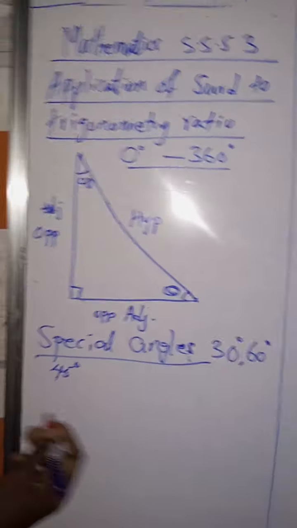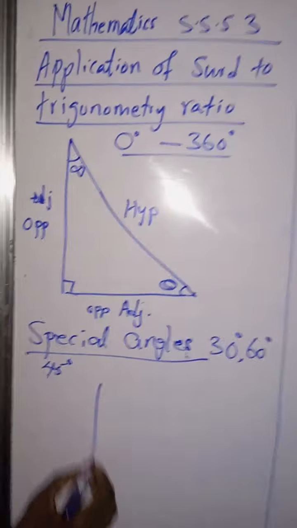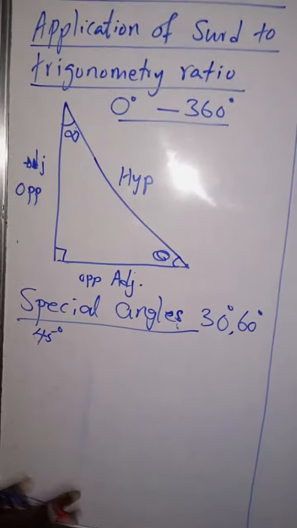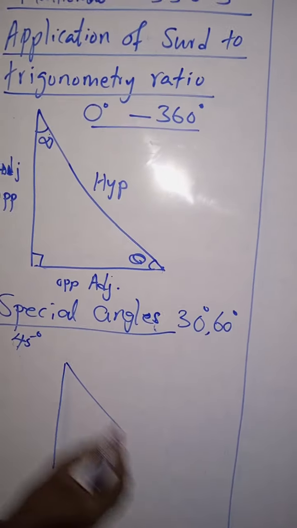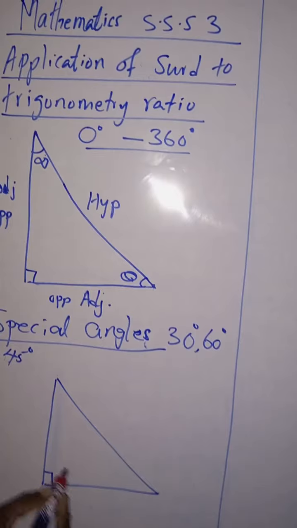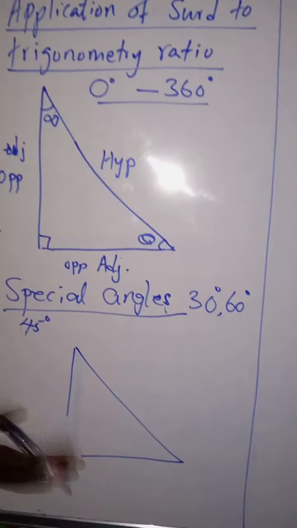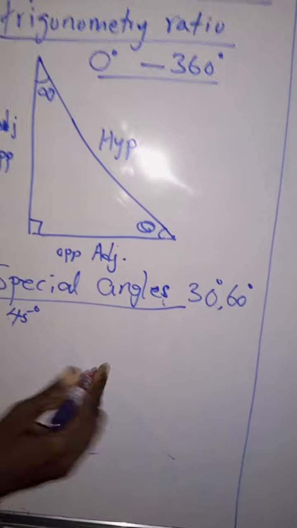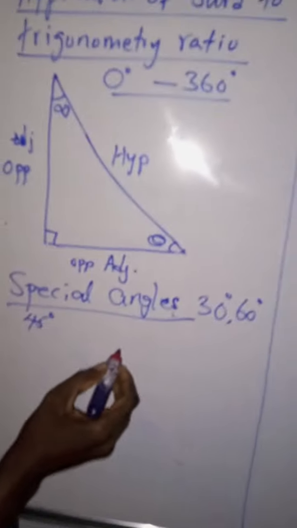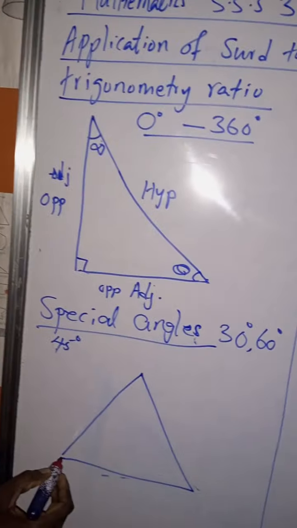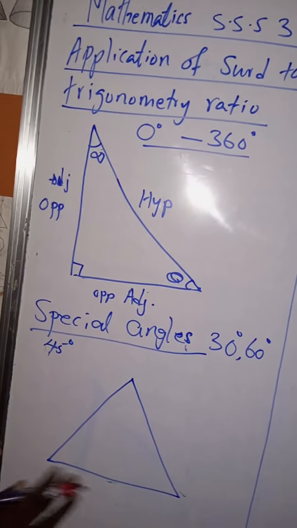So to get angle 60, before we could get a right angle triangle, let's start with an equilateral triangle.